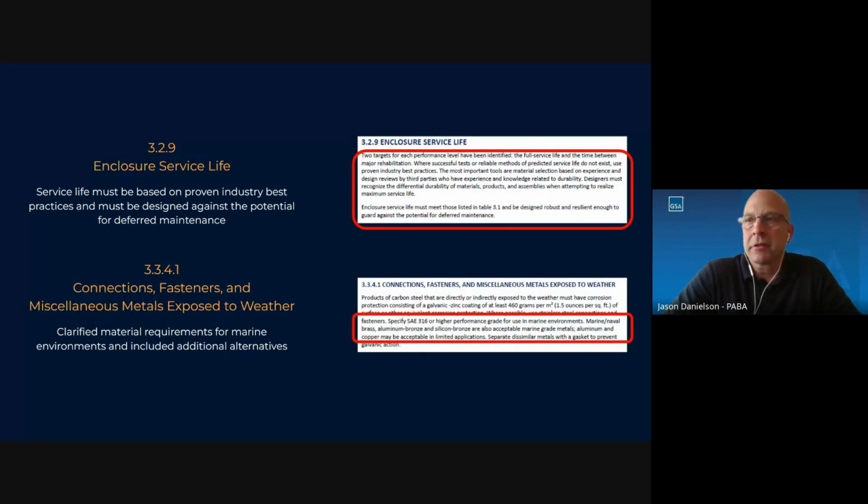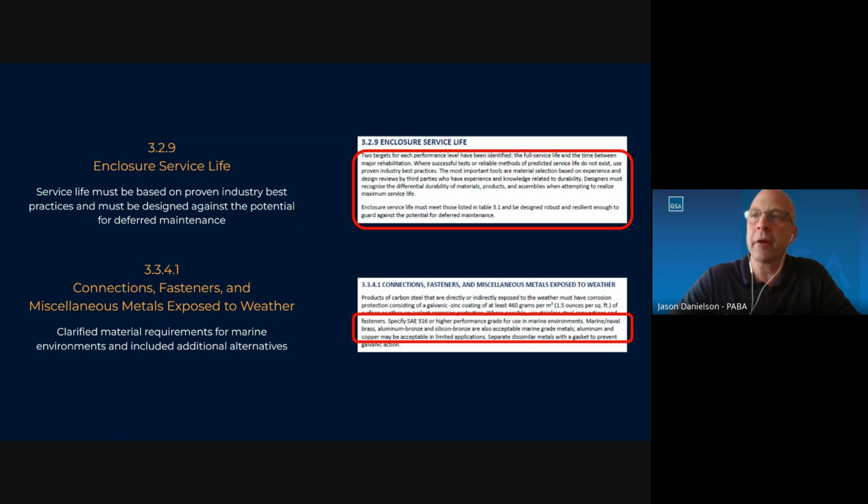3.2.9 enclosure service life, showing the examples here and where they're located. And this was really a pretty significant update. That service life must be based on proven industry best practice and must be designed against the potential for deferred maintenance.